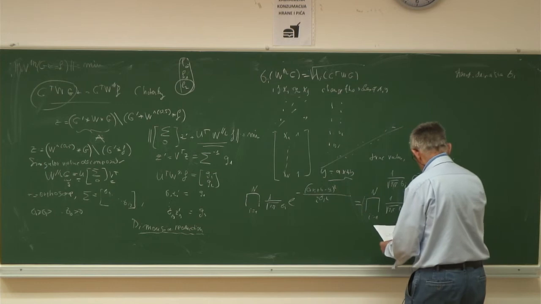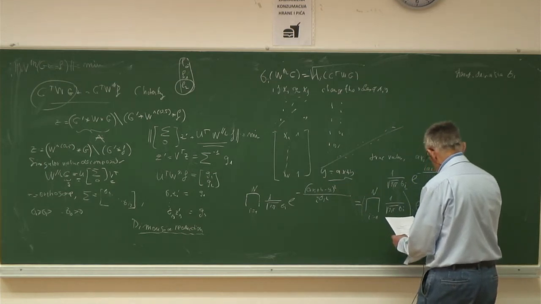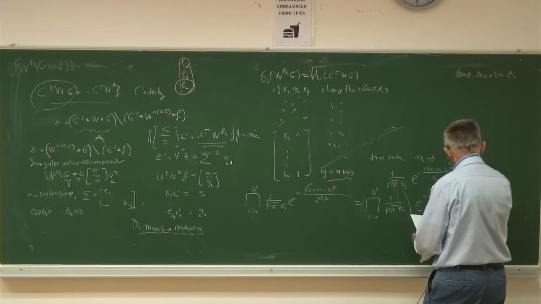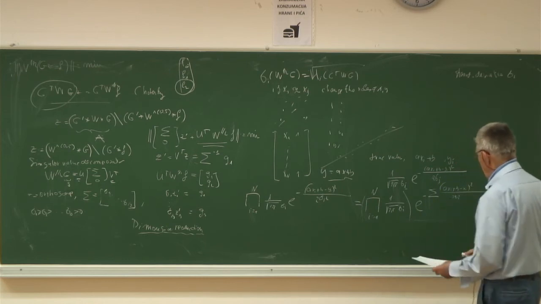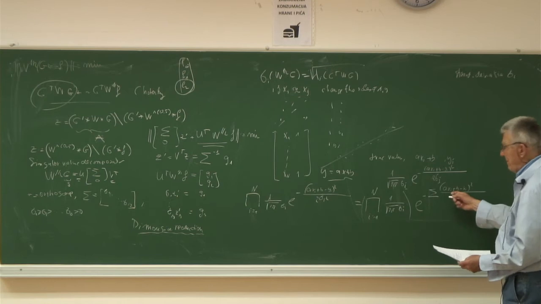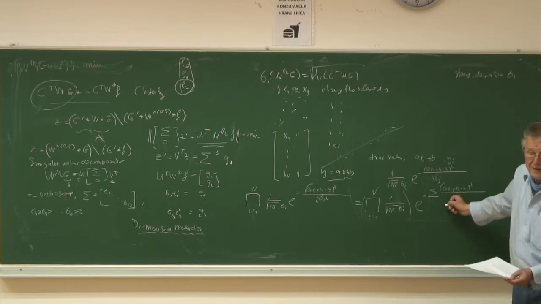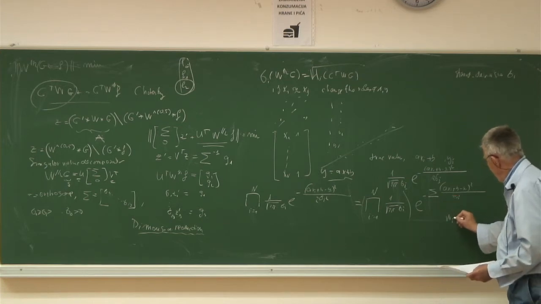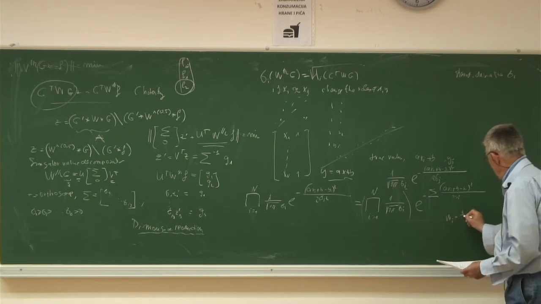But here we have just e to the minus some sum of (a x_i plus b minus y_i) squared over 2 sigma_i squared. So now this is a constant. Maximize this means minimize this. And these are least squares. Weighted least squares, with weights v_i equal to 1 over sigma_i.